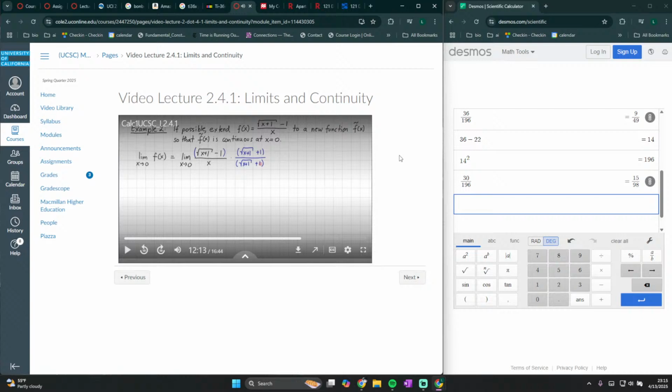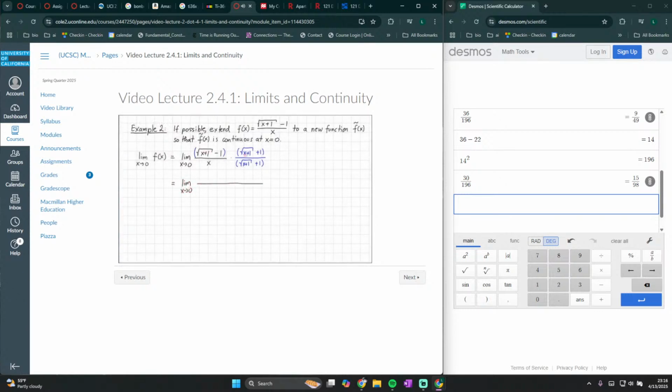Now, firstly, we end up with the limit as x approaches 0 of the difference of squares in the numerator.